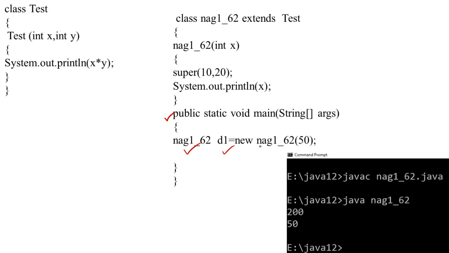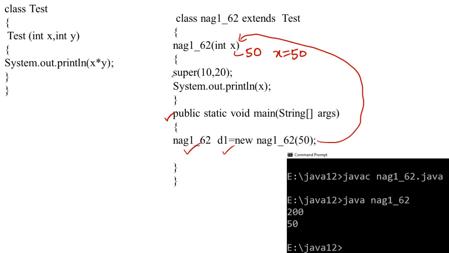Class name, object name equals new class name. While creating an object, automatically the constructor will be called. Therefore, control will go to its own constructor. I am passing number 50. Number 50 will be copied to x. Therefore, my x value is 50.